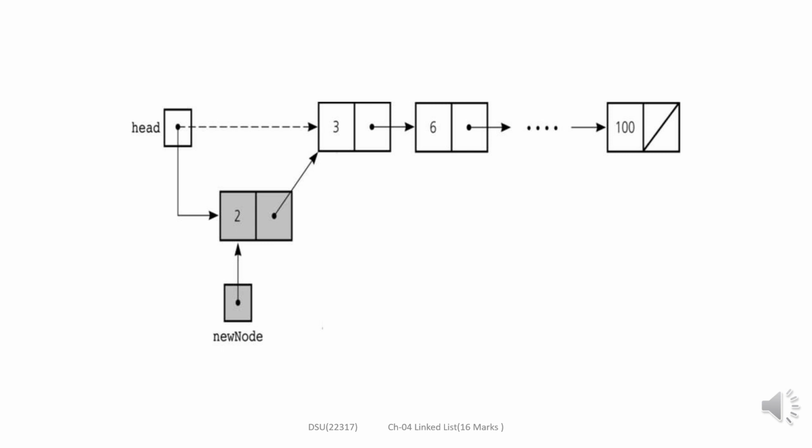See here, 2 is the new node and 3 is the previous first node. Then there are two options. First, we can simply make 2 the head node, or we can make the address of next the previous node, that is 3. In this way we can insert the new node.